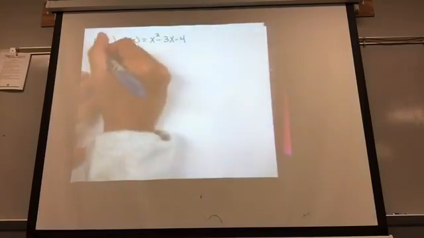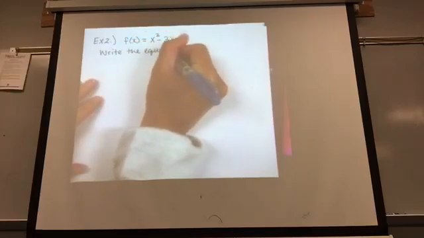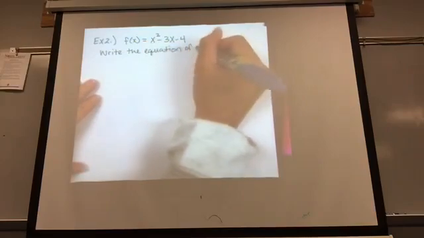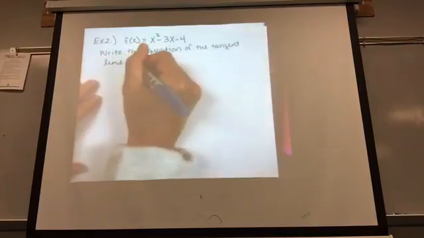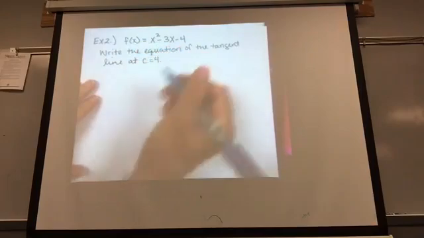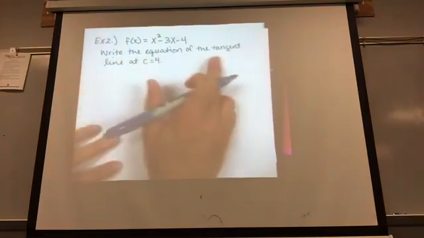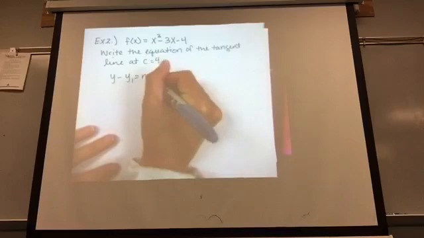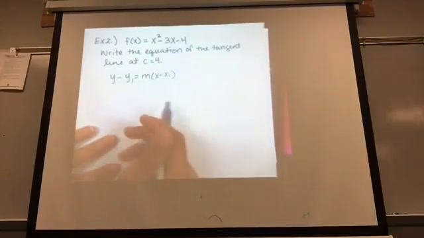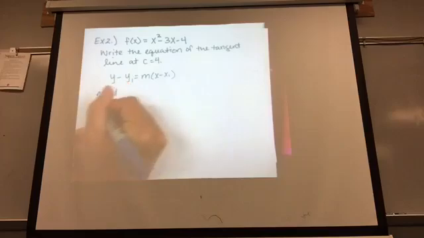And I want to write the equation of the tangent line at c equals 4. So I'm writing the equation of the tangent line, so my first thing I'm going to do is write it out. Y minus y1 equals m times x minus x1. If I'm writing that for my answer, what do I need? Point and m. I need a point, and I need m.